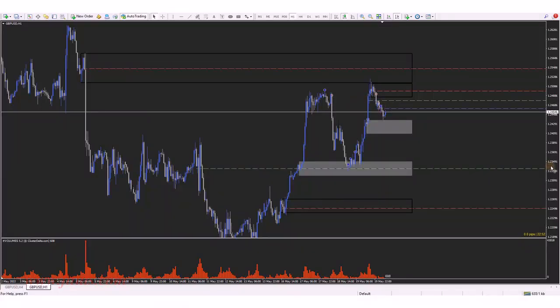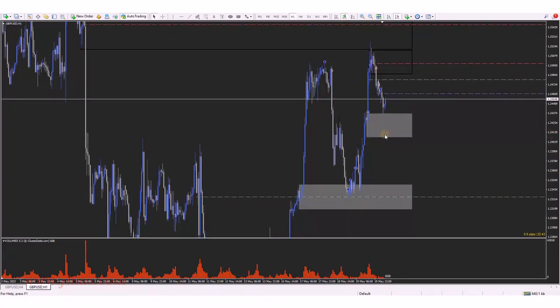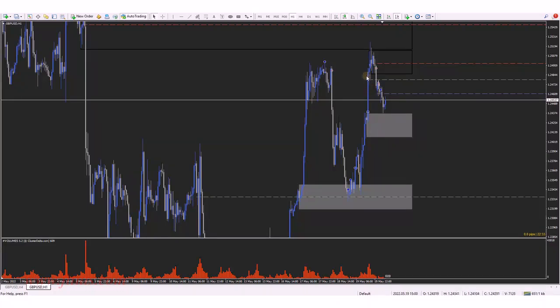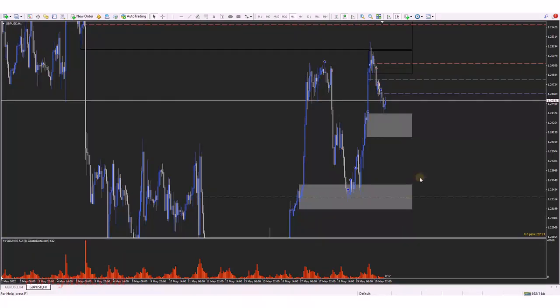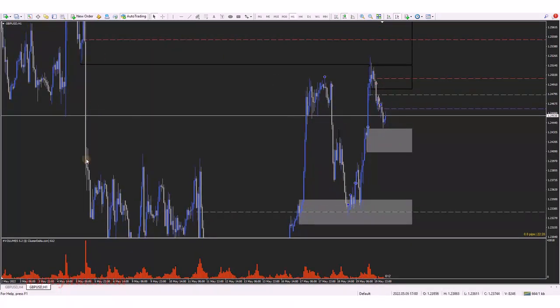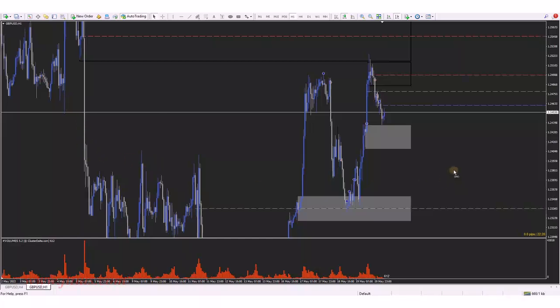And now I'm looking for the levels that are still untouched, to see if in the future maybe the sellers or buyers will still hold the price. I'm just checking if I have set this to 0, and yes, 2 days is enough. I'm not looking for something from the very old past.